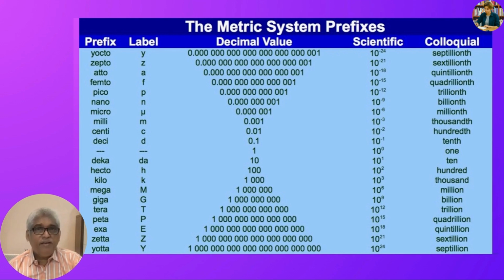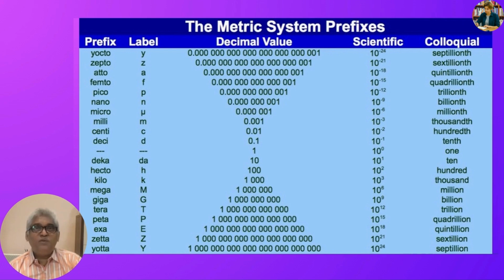But for expressing in physics, we use some prefixes. So 10 raised to minus 3 means what? 10 raised to minus 6 means what? And you have to remember this permanently, because again and again you will need it.